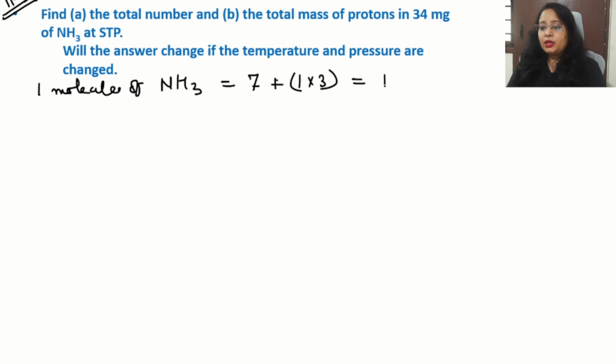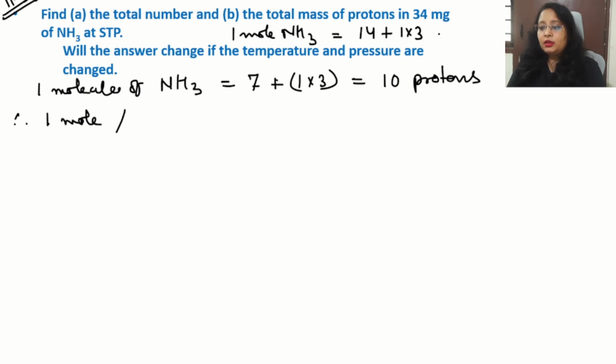It will become 10 protons. So one molecule contains 10 protons. What is the molar mass of NH3? 1 mole NH3 is equal to, so nitrogen mass is 14, hydrogen mass is 1 into 3, it will become 17 grams.